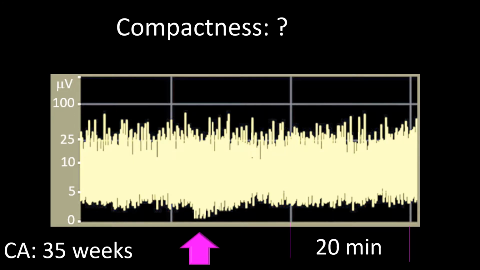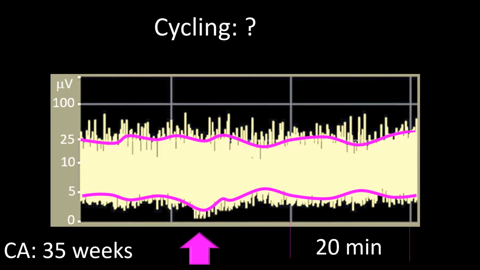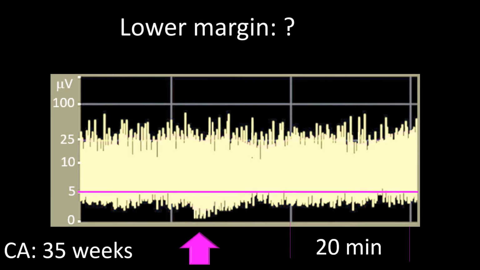compactness looks good. Cycling in this 1 hour strip is good. The lower margin is below 5 microvolts. It is actually in the 3 to 4 microvolts range, which in a full term I would consider abnormal.